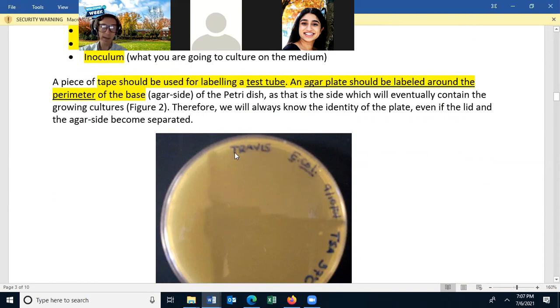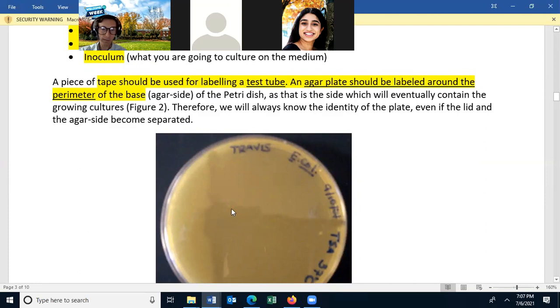So on the plates, you always write on the perimeter of the bottom of the plate, as shown here. And why you don't write in this region of the bottom of the plate, because if you did, you might harm your ability to see the organisms growing on the plate.